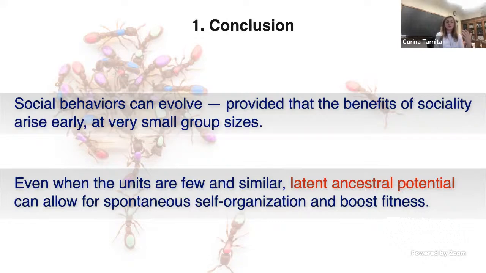There has to be some sort of latent ancestral potential that may appear in very different guises for very different species and taxa, but that facilitates some sort of self-organization that can happen spontaneously without needing to evolve and do more complicated things over longer periods of time, but that can be there almost spontaneously as soon as you have 10 individuals or something of that magnitude.